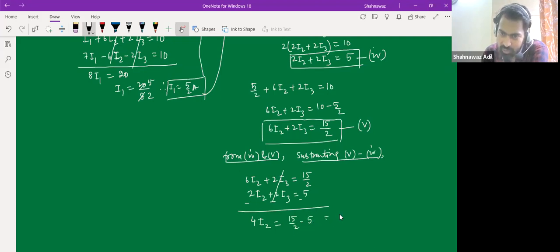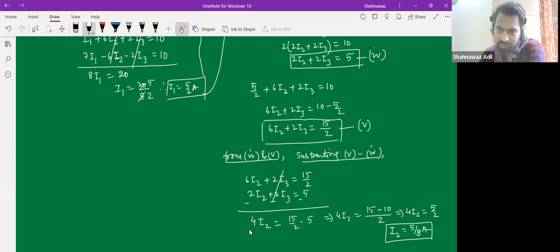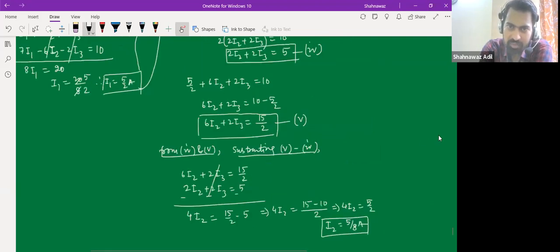This is how much? 4I2 is 15 minus 10 by 2. So 4I2 is 5 by 2. So I2 is 5 by 8. Clear, guys? Yes, clear.